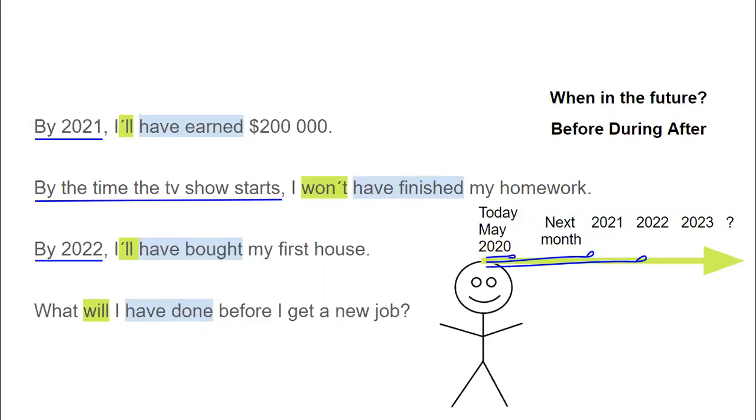And finally, what will I have done before I get a new job? So here, before I get a new job, I will have done something, and I don't know when. We don't have a specified year, but we know that before something happened, I will have done something else.